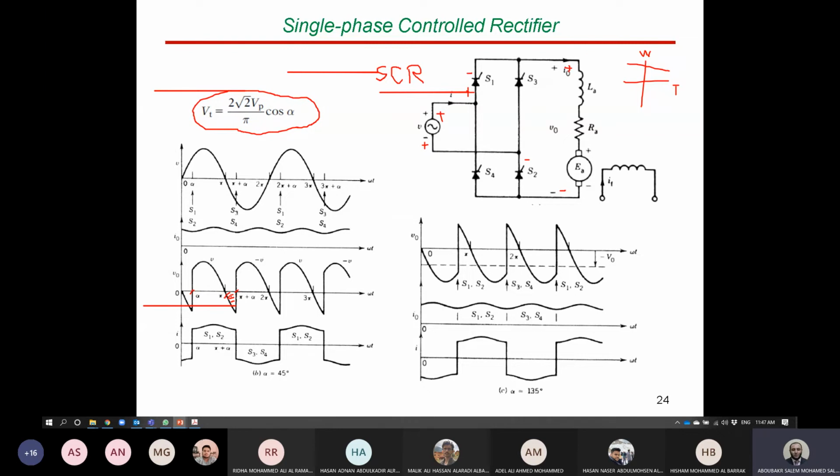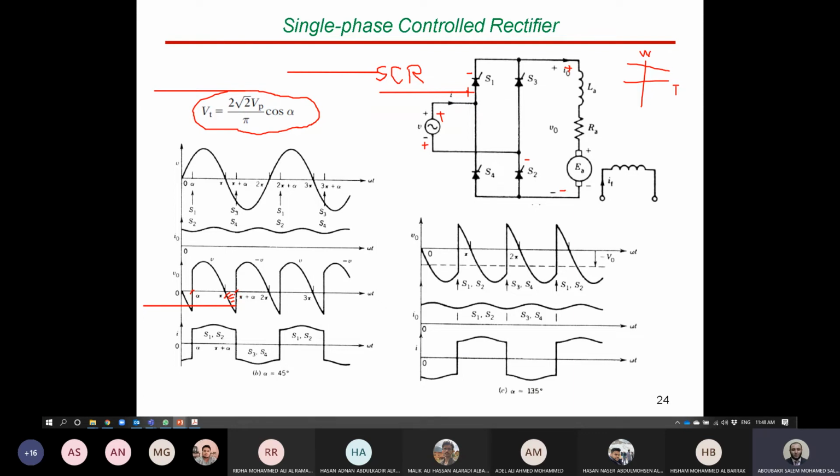Of course, average value means integrating and dividing by the period. I will not write out the integration, it is not easy to write with the mouse now. The relation from scratch is just 1 over the period, which here is pi, because from alpha to pi plus alpha is pi.